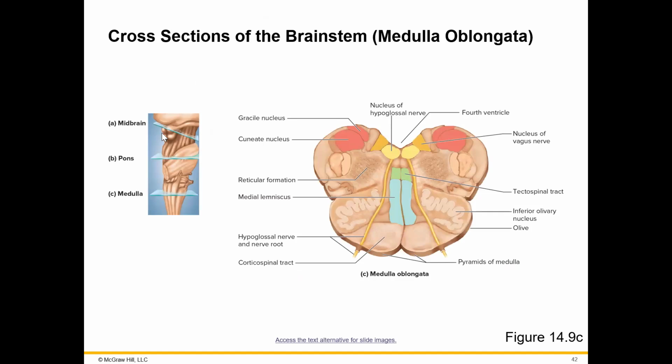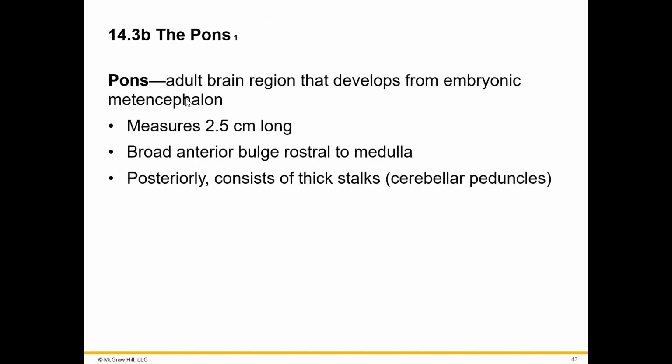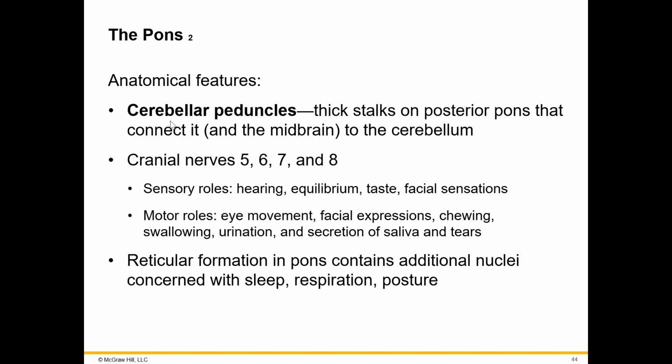So that's the cross section of the brainstem. We said the brainstem is made up of the midbrain, the pons, and the medulla. The pons is the adult brain region that develops from the metencephalon. The pons has cerebellar peduncles, which are thick stalks on the posterior pons that connect the midbrain to the cerebellum.